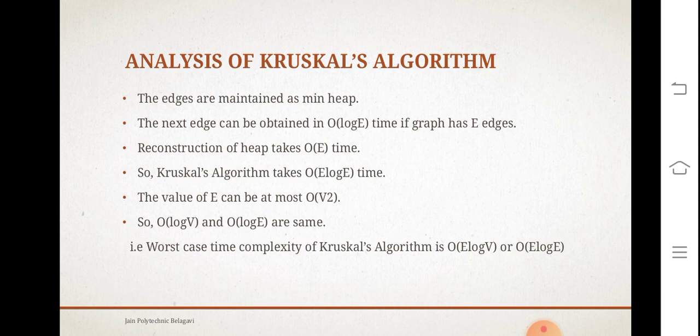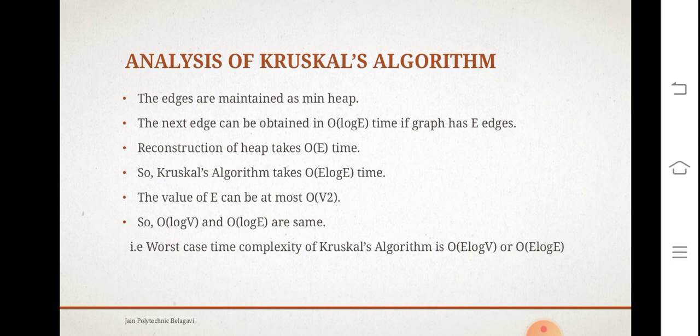Then analysis of Kruskal's algorithm. The edges are maintained as a min heap. The next edge can be obtained in O(log E) time if the graph has E edges. Reconstruction of the heap takes O(E) time.